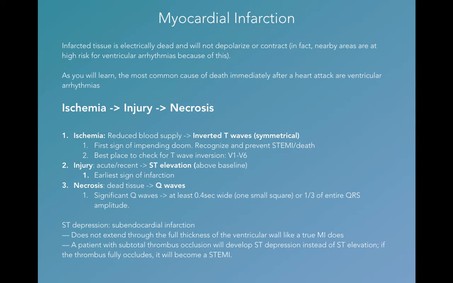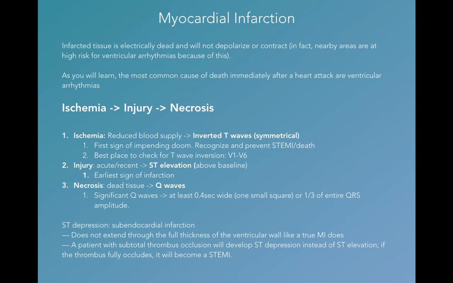The second thing that happens after ischemia from decreased blood flow is you get injury to the myocardium, and this is when you'll see ST elevations. And it's the earliest sign of infarction, so that's different from having ischemic changes in step 1. And finally, if the person's not able to be treated or the infarction and injury is too severe, you get necrosis, and that's when you see Q waves.